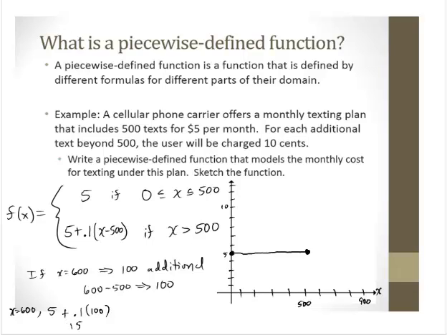So 600 texts jumps all the way up to $15, and it would continue upward from there. Alright, so there's a graph that models this situation.